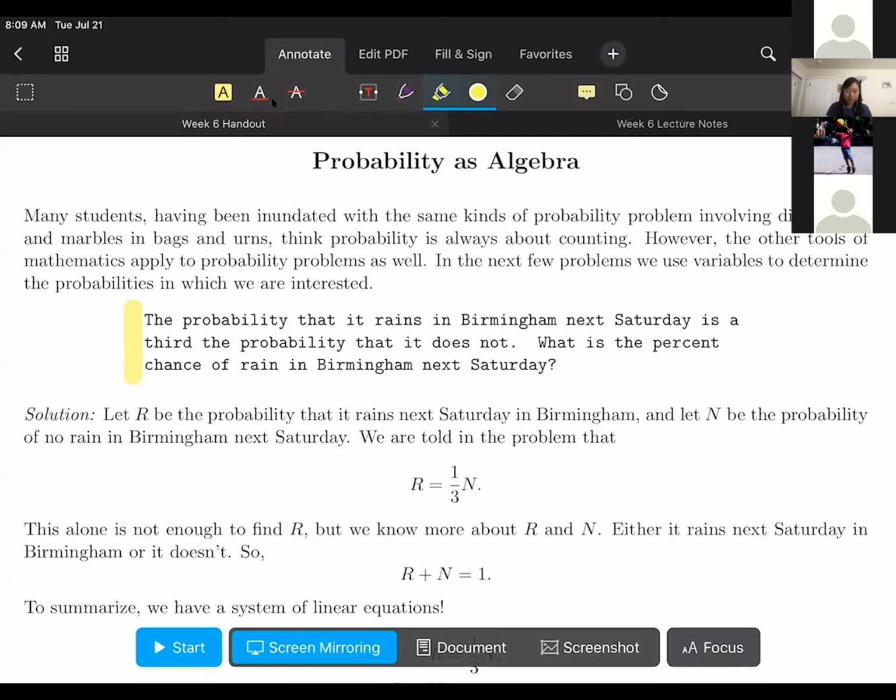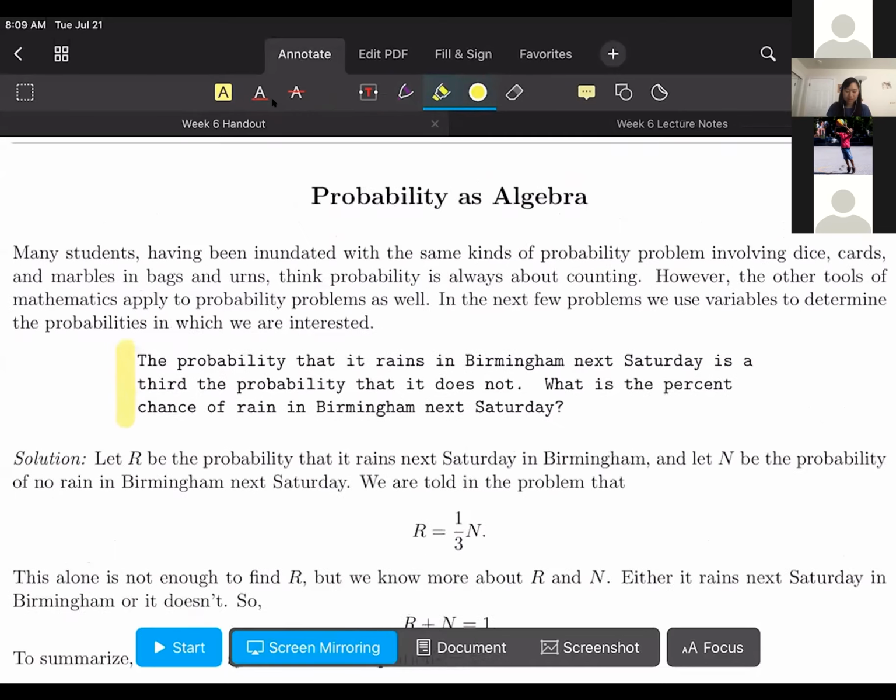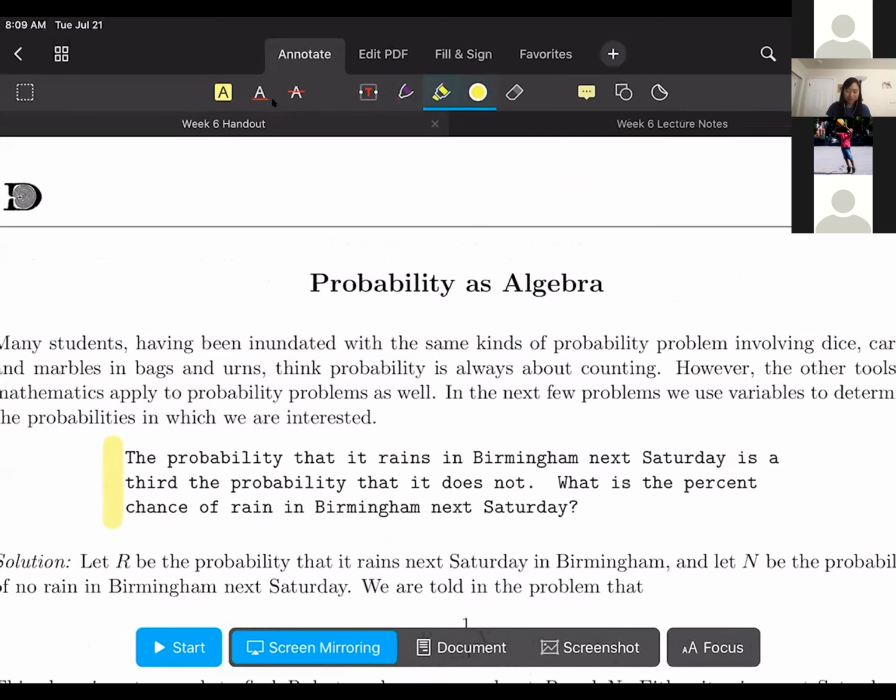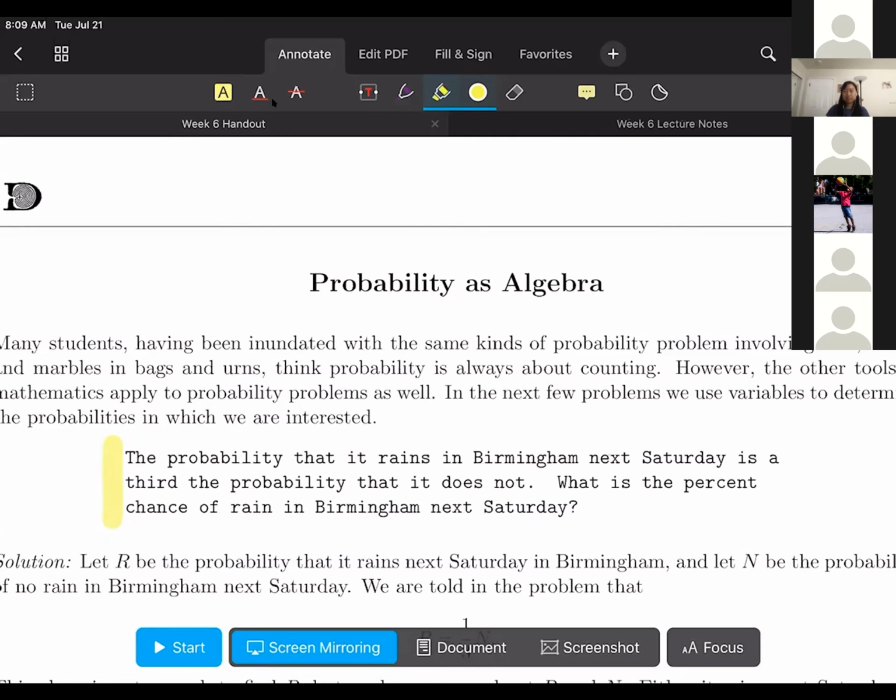So before we go to the solution, which maybe you read a little bit about, does anyone here have any ideas on how we could approach this? Go ahead.